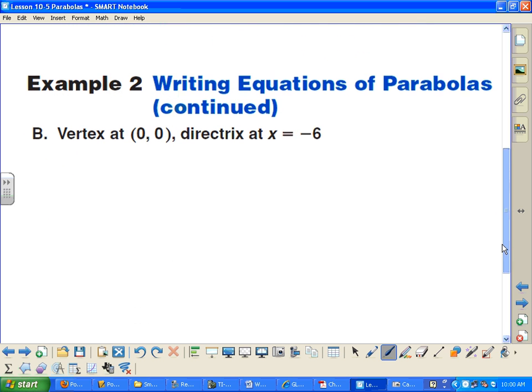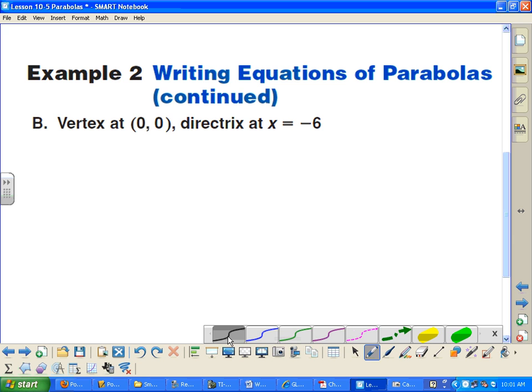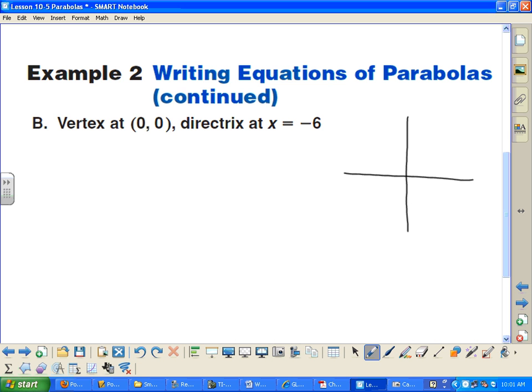Okay, let's do another one. All right, this one they're giving us the vertex and the directrix in this case. So let's make a rough sketch again of what this looks like. So we have the origin is our vertex.